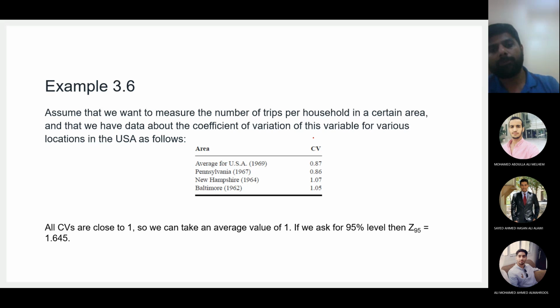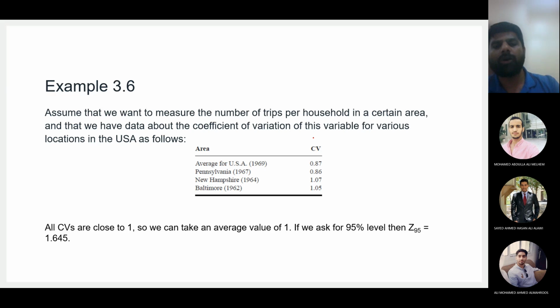So they are doing the survey for Pennsylvania and New Hampshire and Baltimore, and for these areas and even for the entire USA, they have coefficients of variation available.